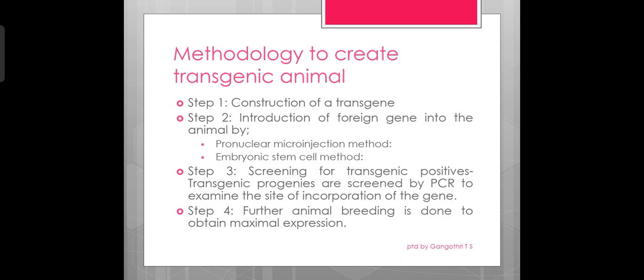Some transgenes may not be expressed if integrated into a transcriptionally inactive site. The gene expression is found out by the use of a marker gene. Then step 4 is further animal breeding to obtain maximum expression.